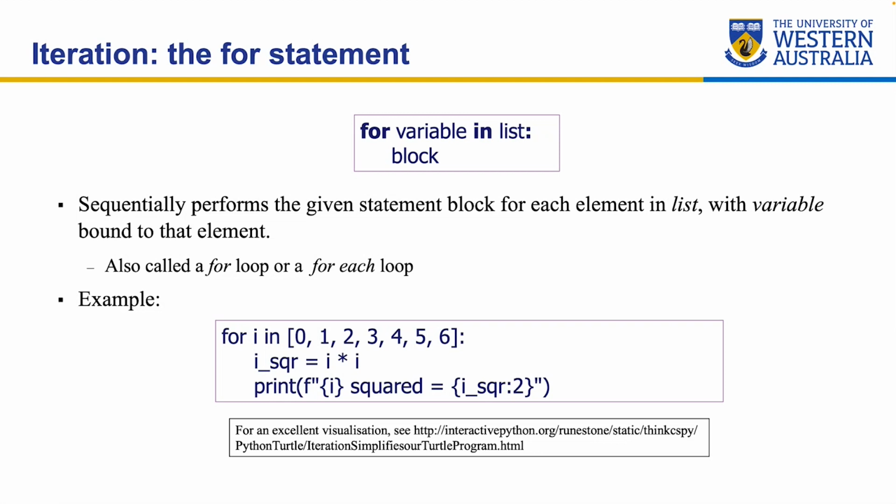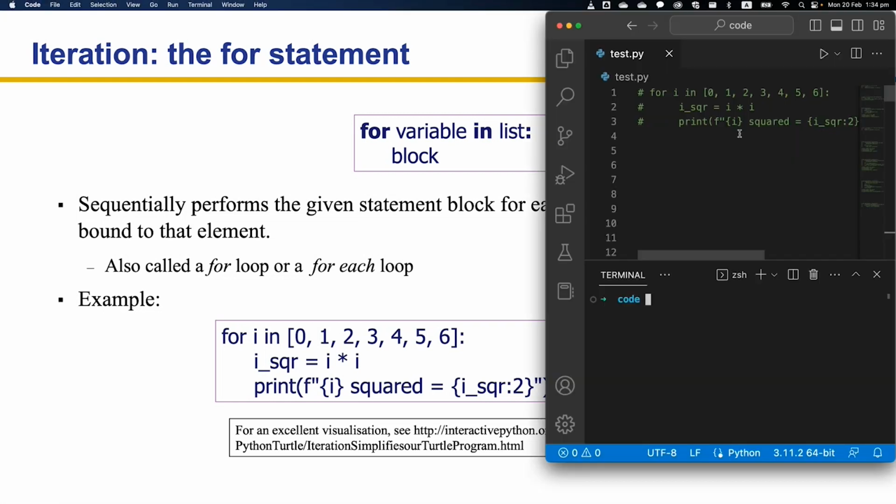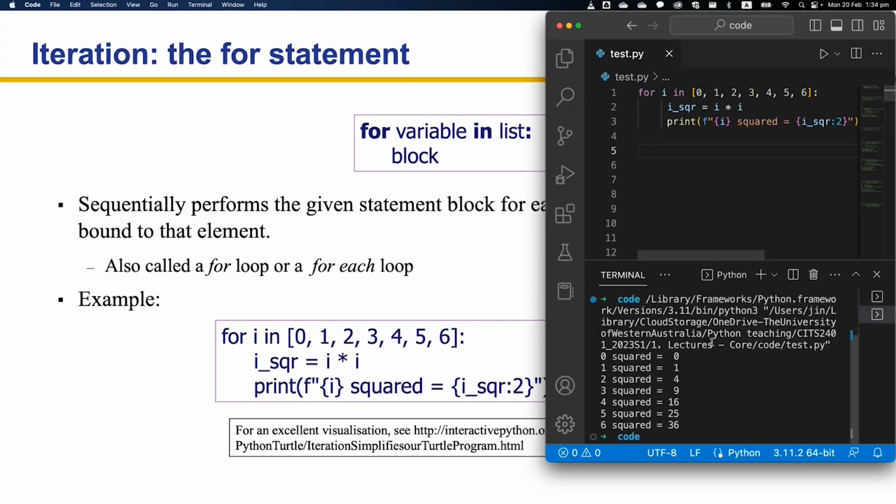Here's an example where we have a list running from 0 to 6, and we have a variable i. We're going to calculate the square of the value i and just print it. So let's run that. I have that code here, and then execute it.